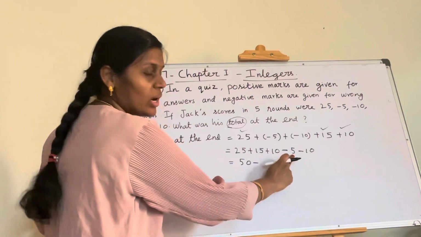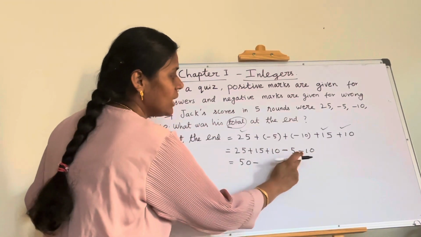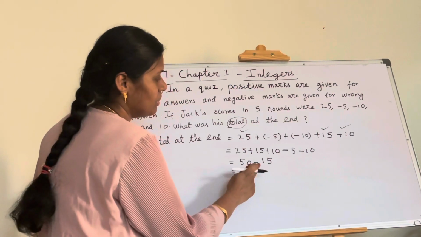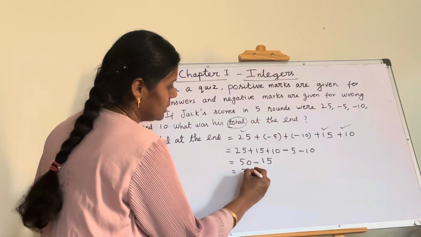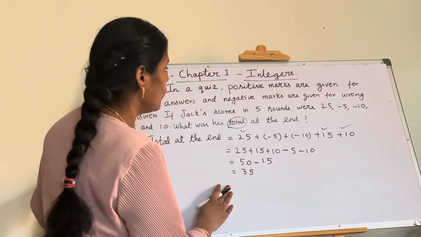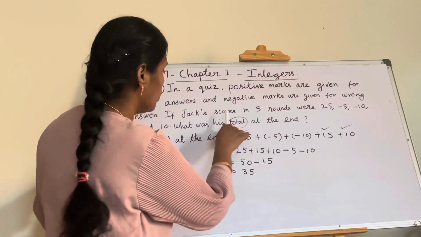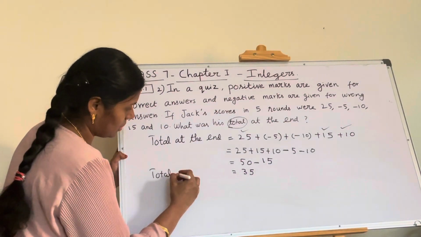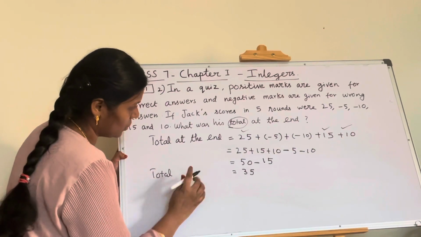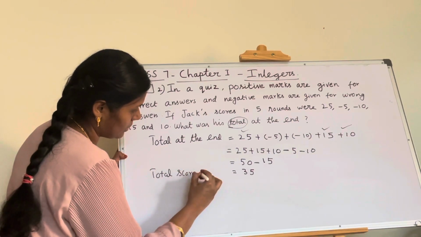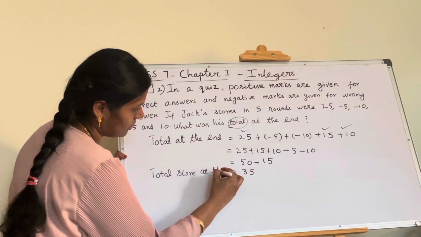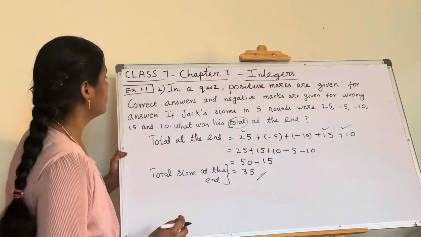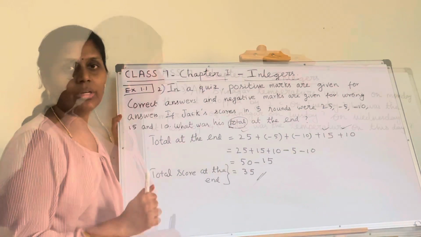So 10 plus 5 is 15. Both are negative numbers, so minus 15. 50 minus 15 will be 35. So the total score at the end is 35. That's all about question number 2.